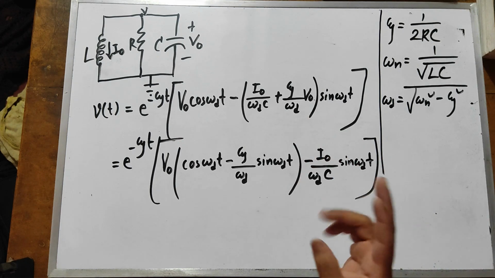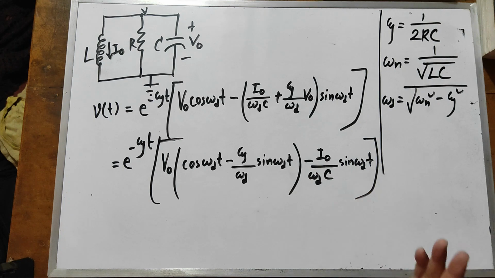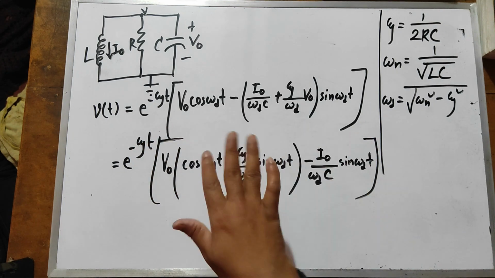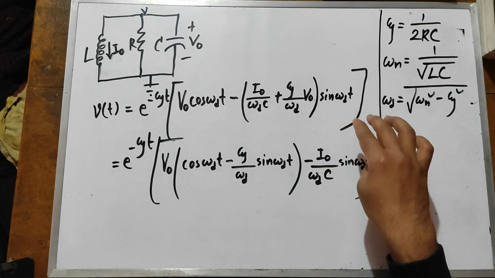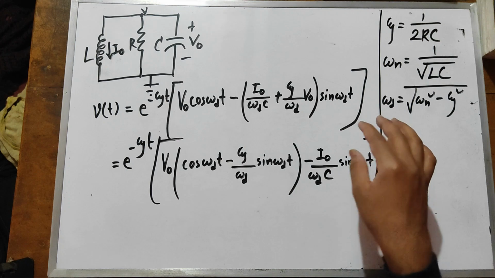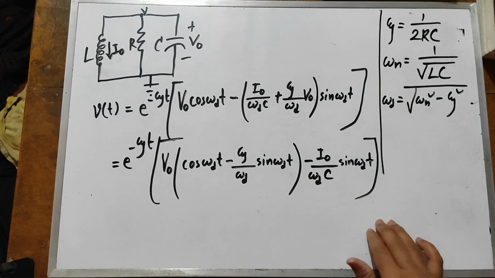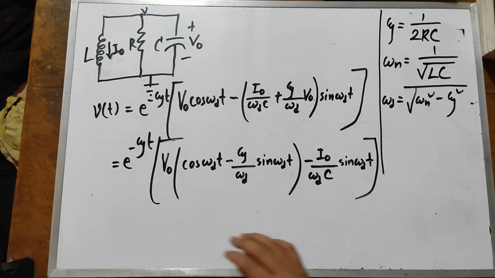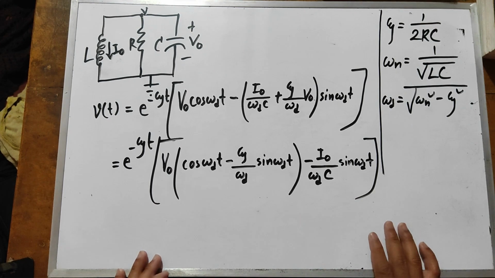Omega d is the damped natural frequency. I have just substituted for the arbitrary constants here. Then the complementary solution looks like this, after I rearranged the terms.